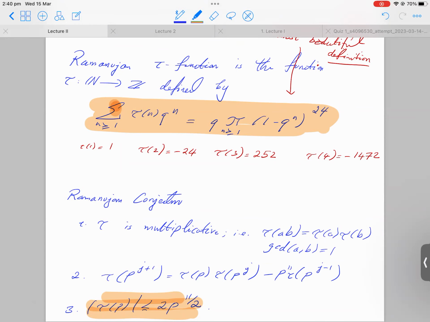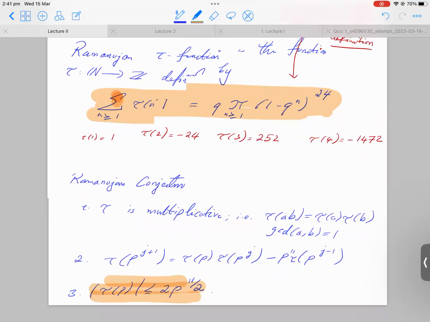So understanding its properties is important. The function tau by itself, I'm not sure what people would have been interested in. There's a good comment in the chat: yes, tau is related to the partition function. There's a close relationship between tau and the function that counts the number of partitions of a given integer n, which is a problem that Ramanujan was very much interested in.